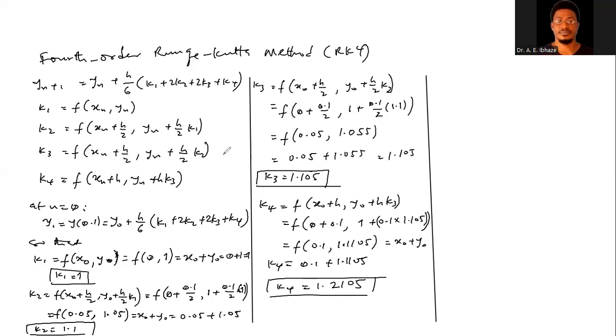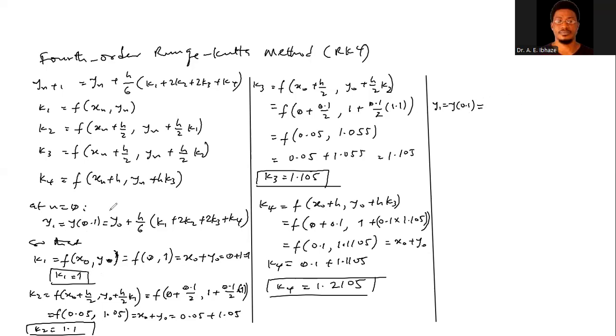Boom. So the next point is to apply k1, k2, k3, k4 into this and the initial condition. So we already know that y1 is the required y at 0.1, which is the next update based on the next time step.